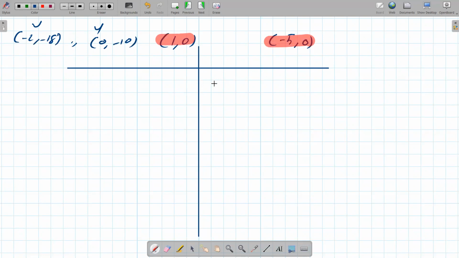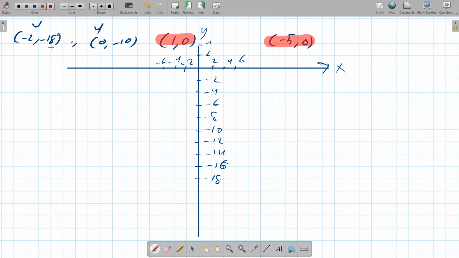Then here we have negative 2, for example, negative 4, negative 6, negative 8, negative 10, negative 12, negative 14, negative 16, and negative 18. And here we have 2, and 4, and 6, negative 2, and negative 4, and negative 6. Here we have 2 and 4. This is the Y-axis, and this is the X-axis.